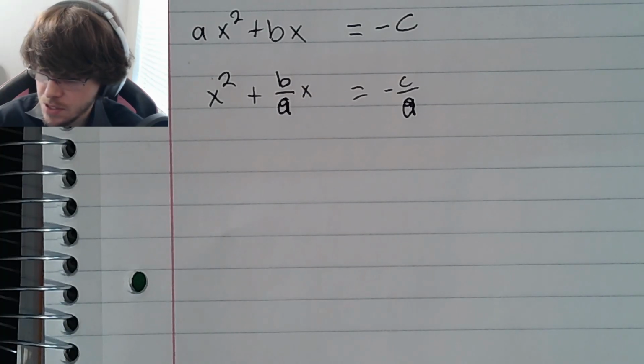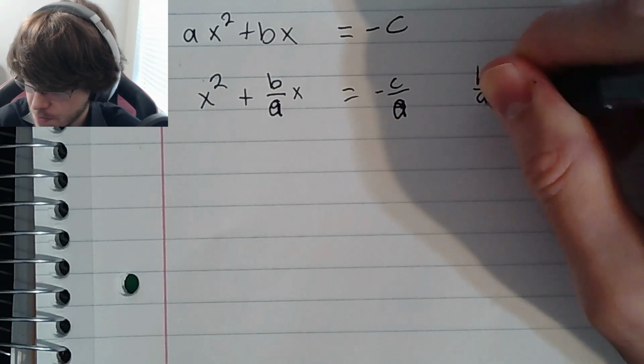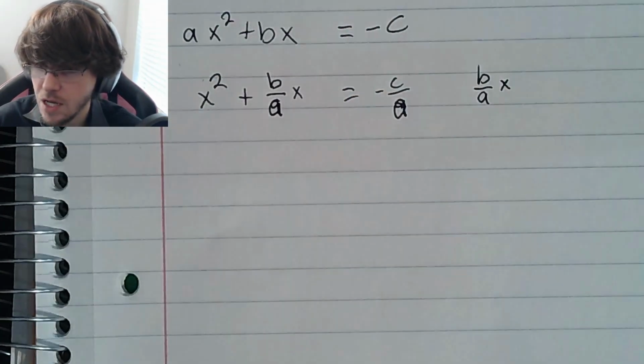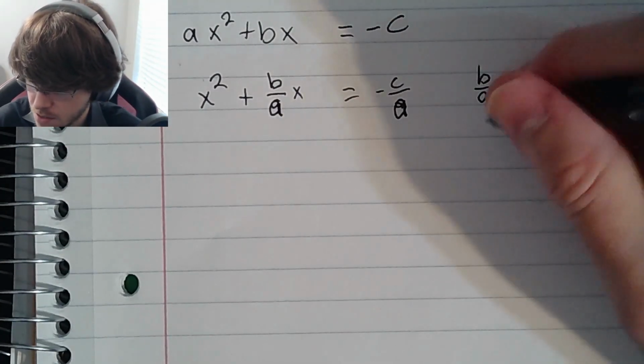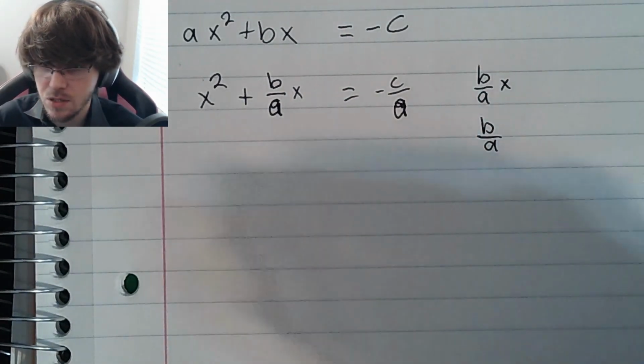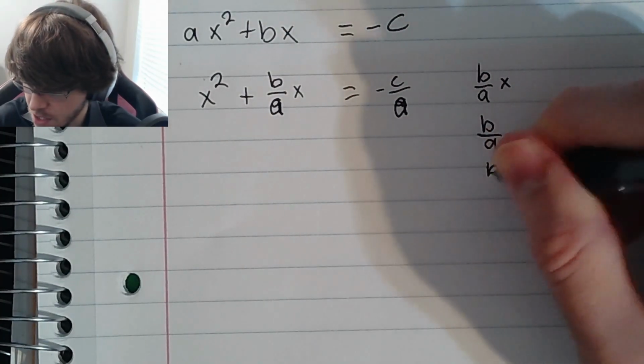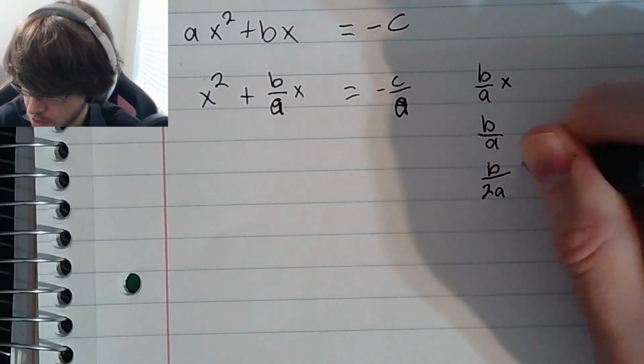So our completing the square step, as a reminder, is that we write down that middle term. We write that b over a x. We take away the x. We divide by 2. Dividing by 2 is multiplying by a half. It's just putting an extra 2 on the bottom. So we're going to write b over 2a and put a star on it.